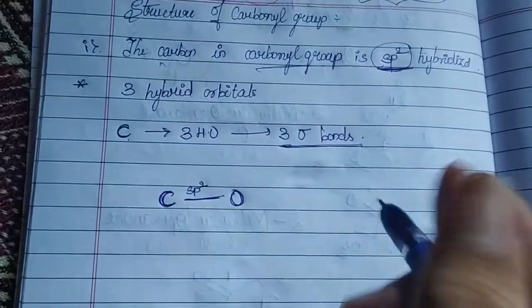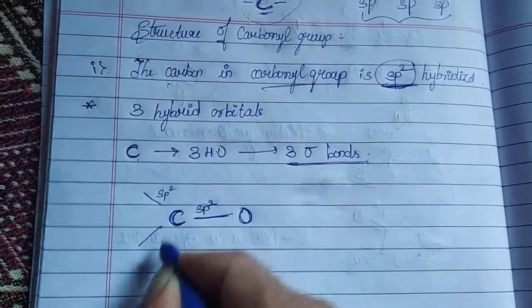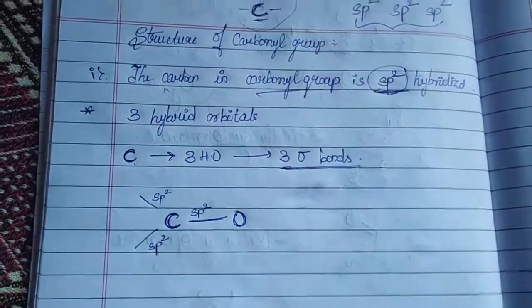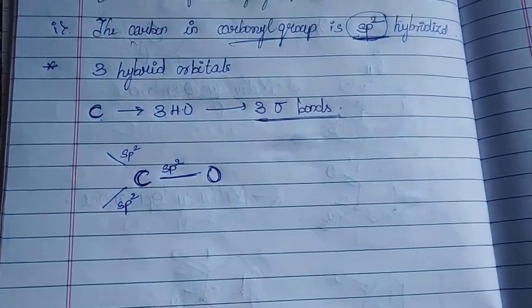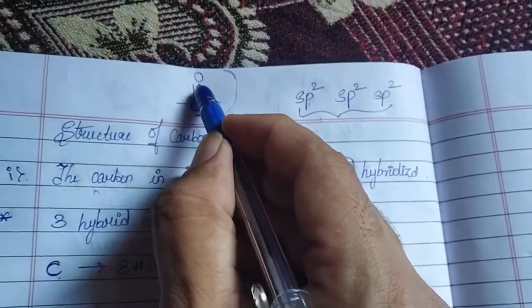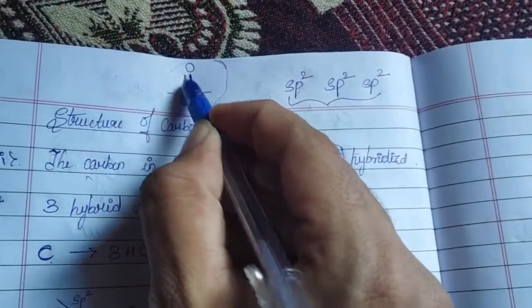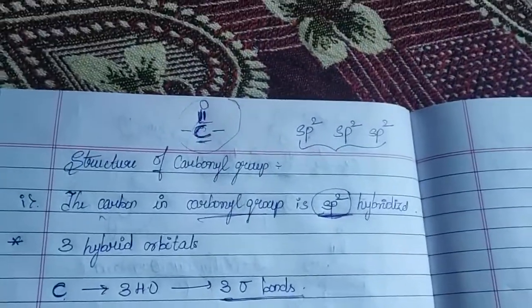And the other 2 sp2 hybrid orbitals will be utilized to bond with your alkyl or aryl system. Is that okay? But we know that in the carbonyl group, along with a sigma bond, I am having one more bond. Where does this bond come from is the question.